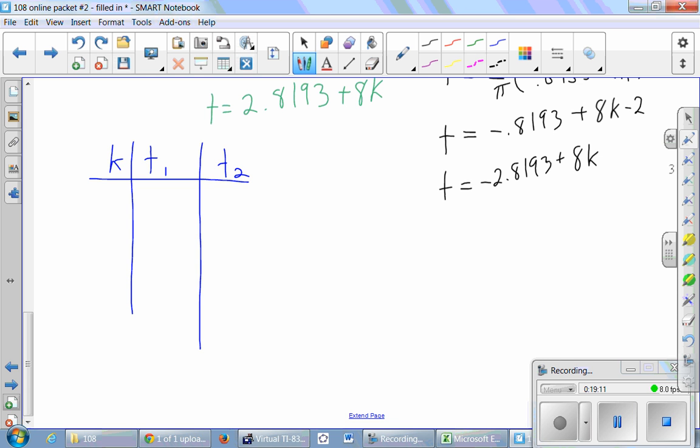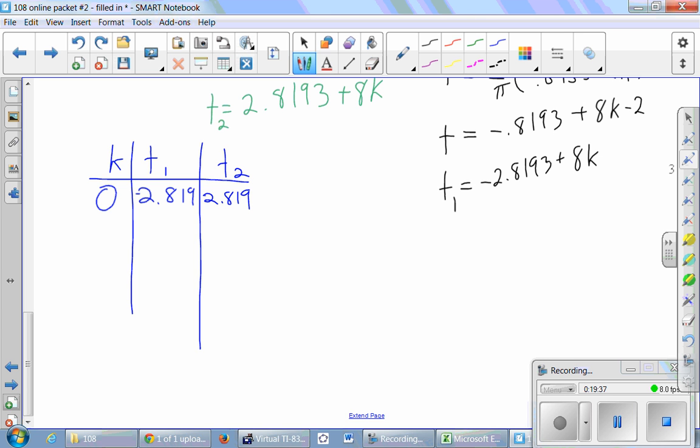So how about we say that this one right here is T1, and this one over here is T2. And so, for example, if you pick k equals 0 and plug in, then this term is nothing, so you just get the negative 2.8. And this term is nothing, so you get positive 2.8. So let's fill those in here. Actually, this one was the negative. This one is positive 2.819.